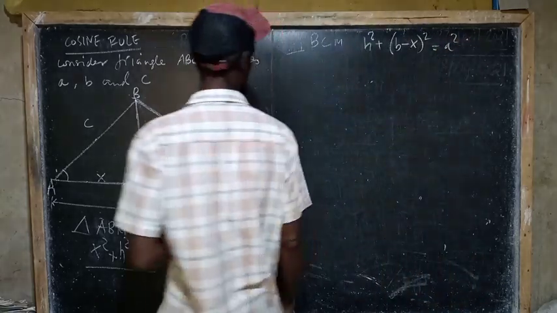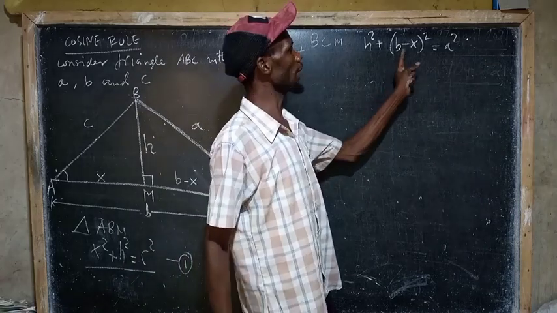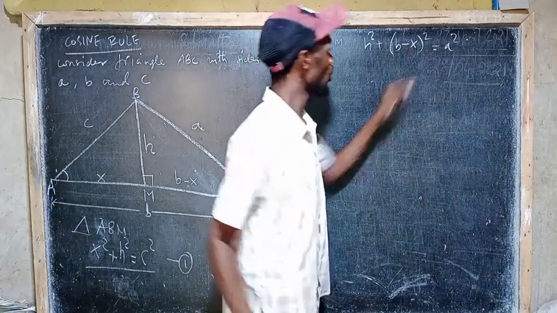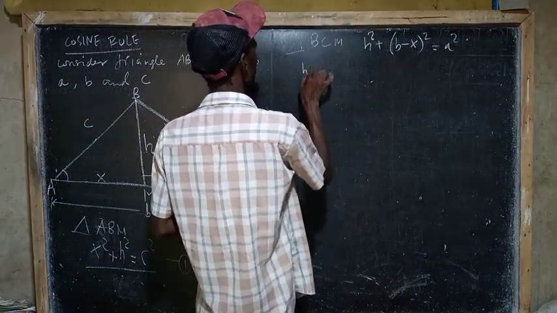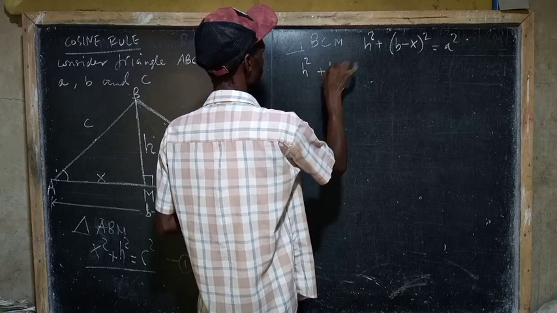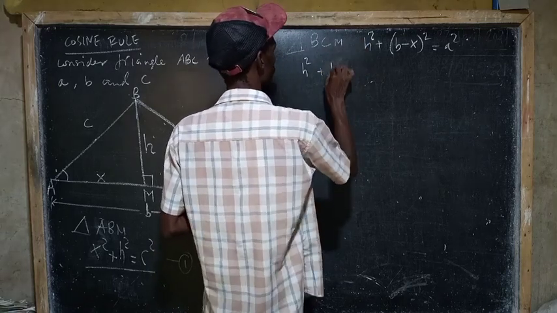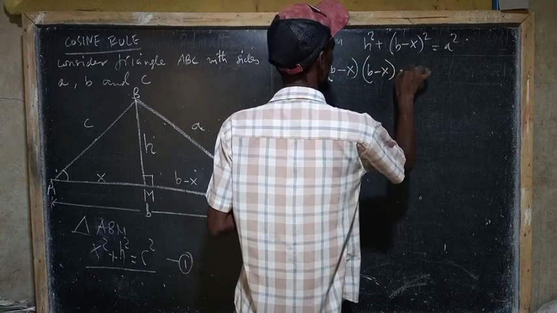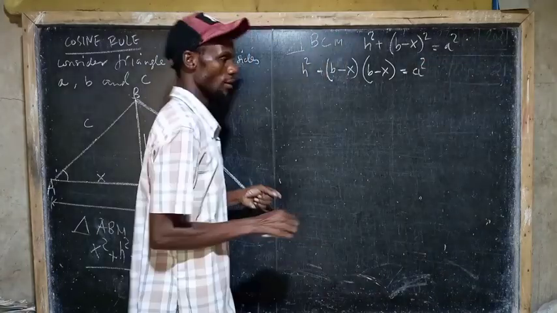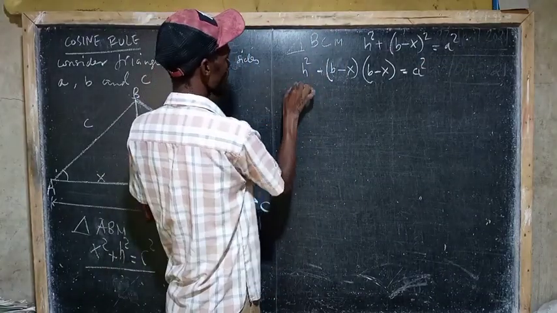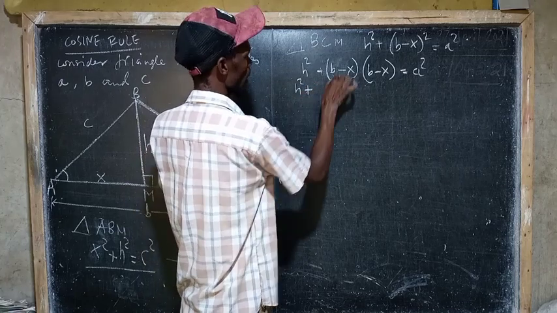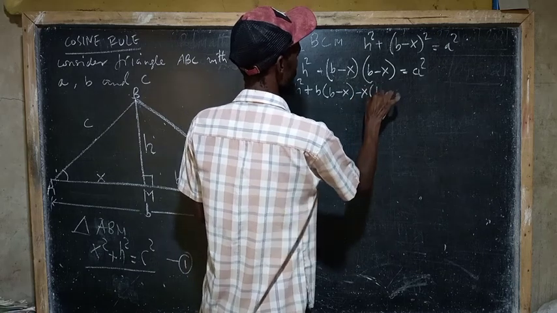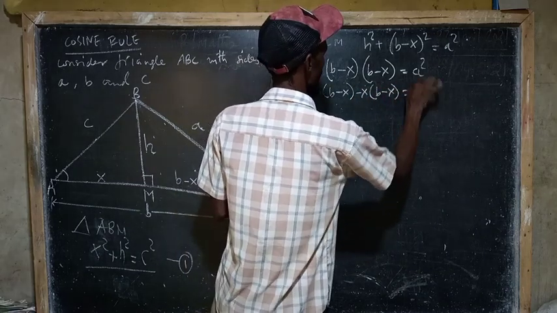Mathematically, this cannot be left at this point. This is according to quadratic equations. So we have H squared plus B minus X times B minus X, equal to A squared. Let us expand this: B in bracket B minus X, then negative X in bracket B minus X, is equal to A squared.